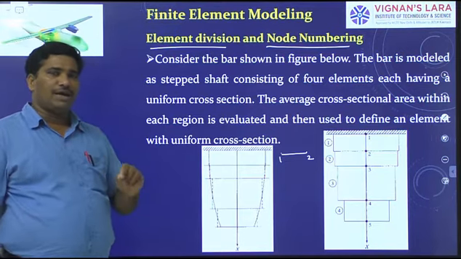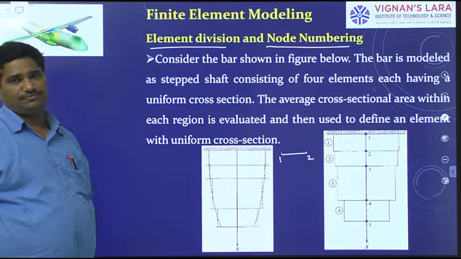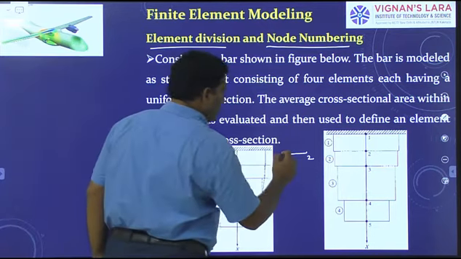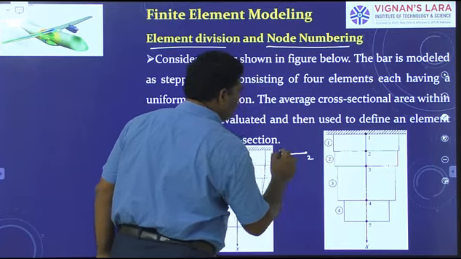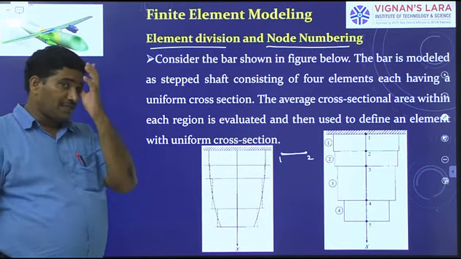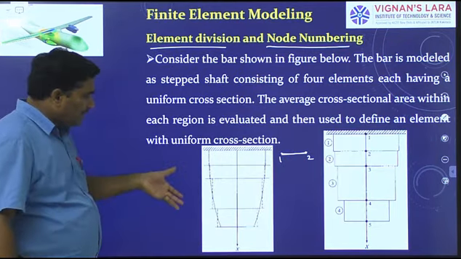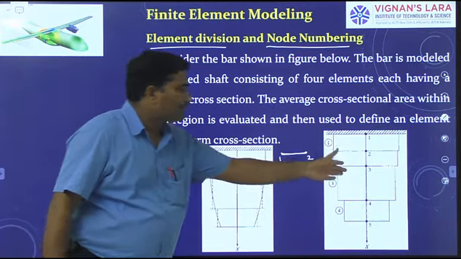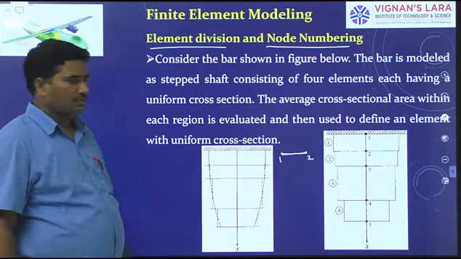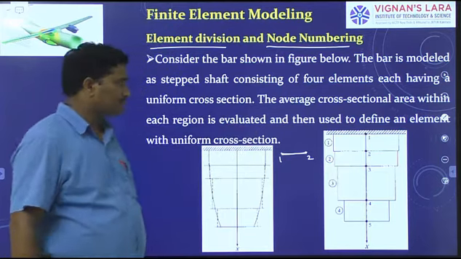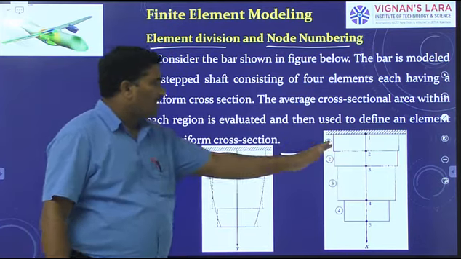Each element must have uniform cross-section because the one-dimensional bar element has uniform cross-section. This is the reason why we can model this bar as the stepped bar like this.